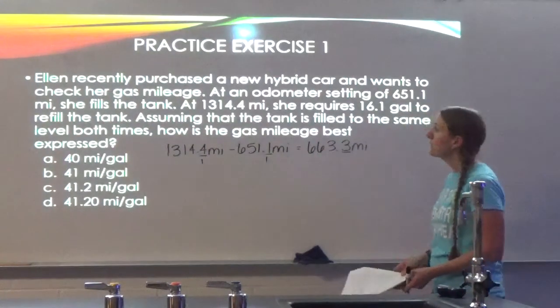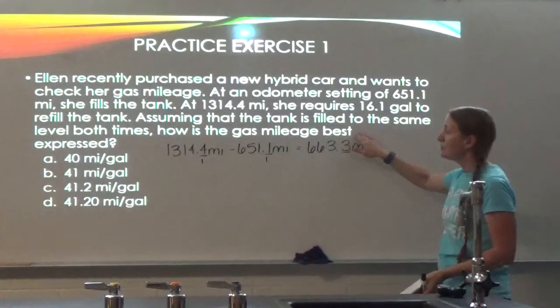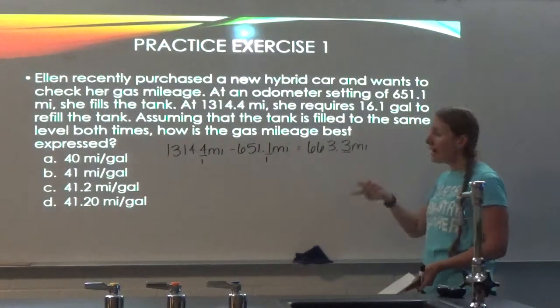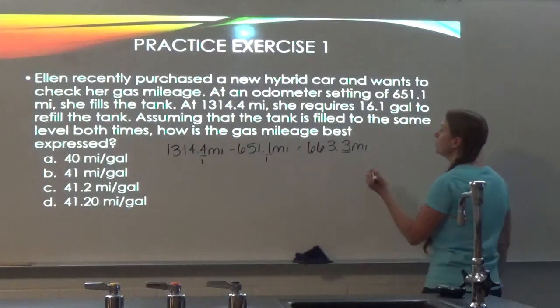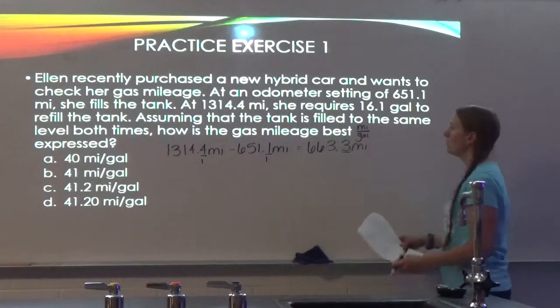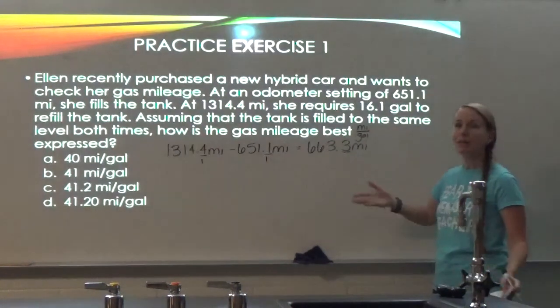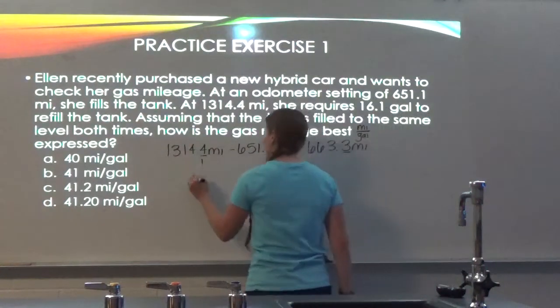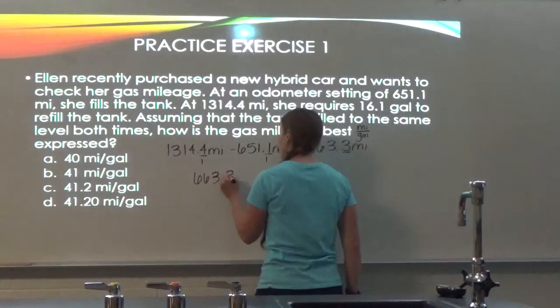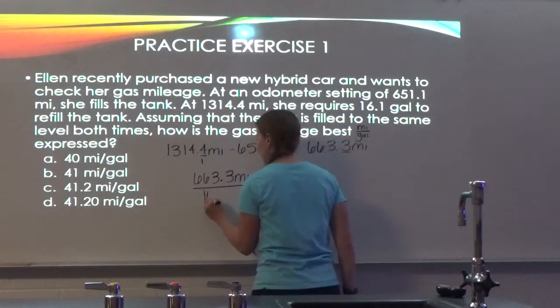All right, so then it's asking, what is her gas mileage? Well, gas mileage is usually expressed in miles per gallon. I got my miles, I got my gallons. So per means divide. So I take my miles, 663.3 miles, and divide it by my 16.1 gallons.